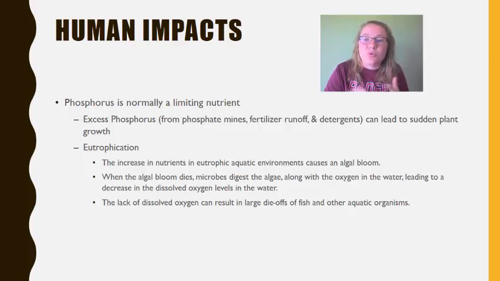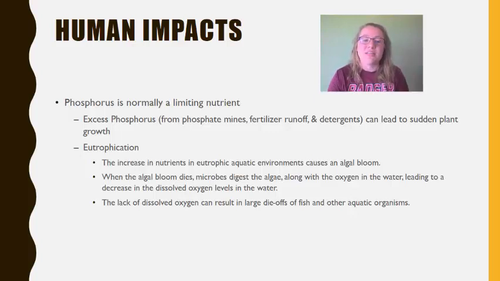And this can lead to a whole bunch of new plant growth. But what happens is if this excess phosphorus gets into a waterway, we can have what's called eutrophication. Now, the term eutrophication comes up constantly throughout this course, and it's really important that you understand the process.